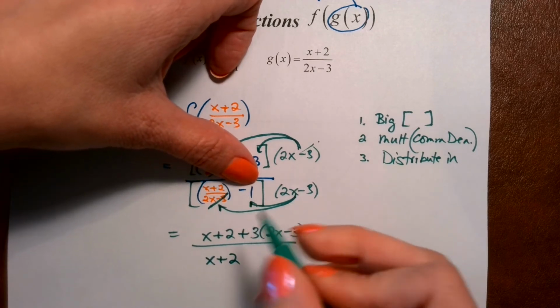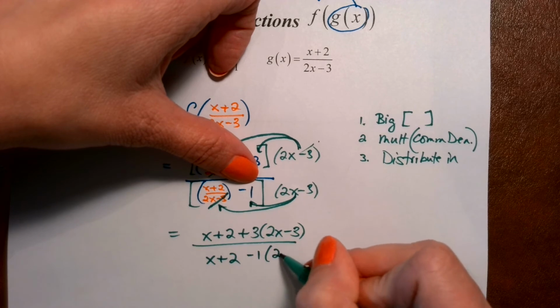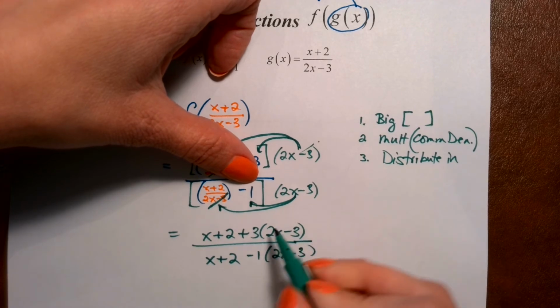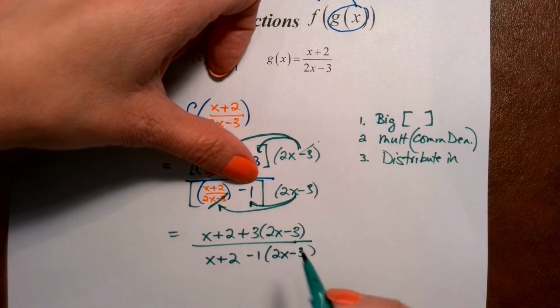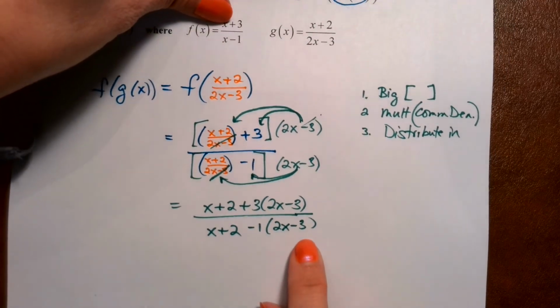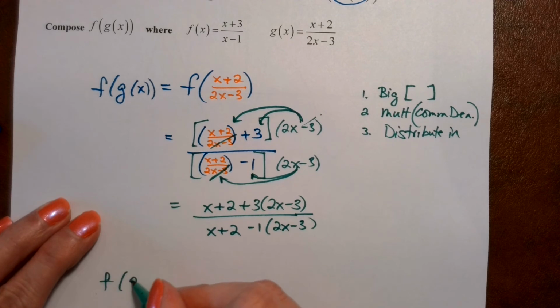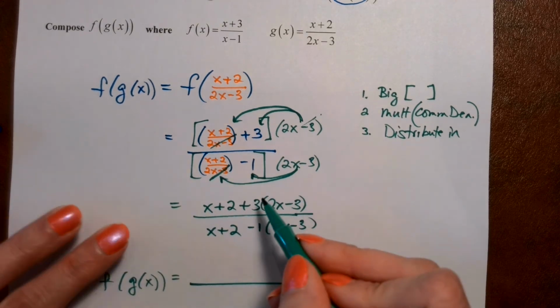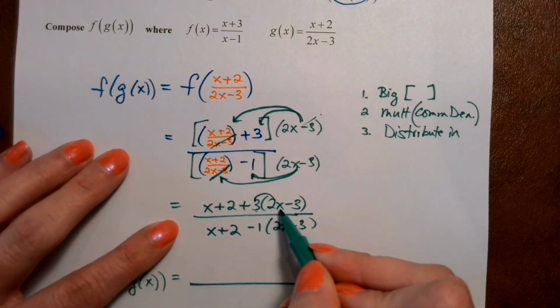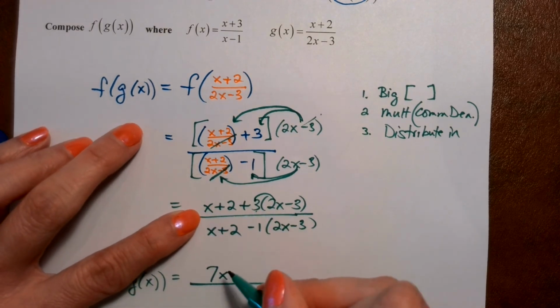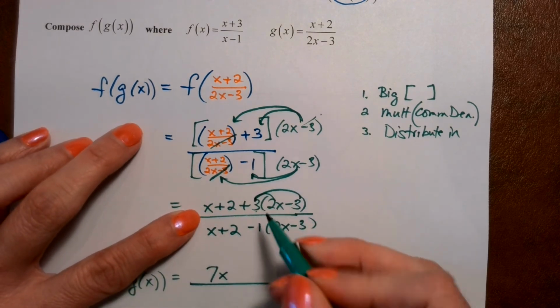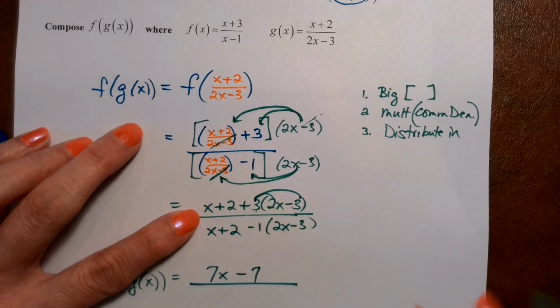And right here we have to multiply by negative 1, 2x minus 3. Very important that you use those parentheses because we're going to have to distribute a negative and a 3 here in just a second. So f of g of x in the numerator: 3 times 2 is 6x, plus 1 makes 7x, minus 9 plus 2 is minus 7.